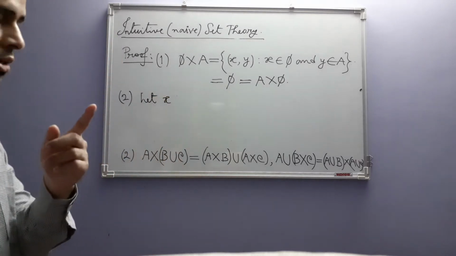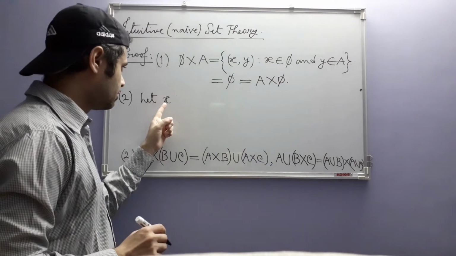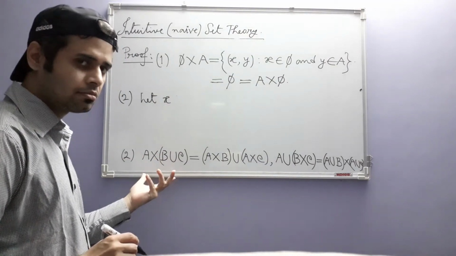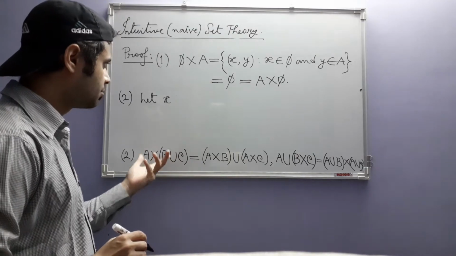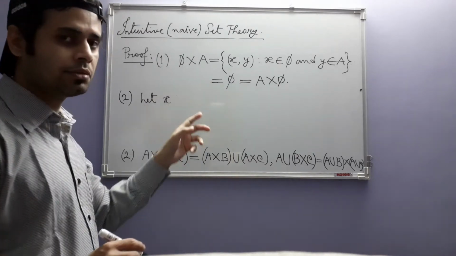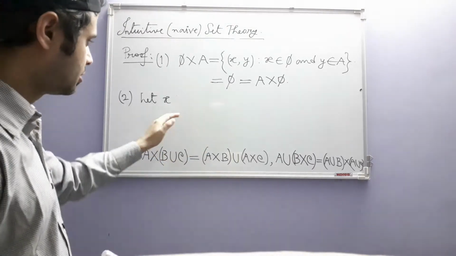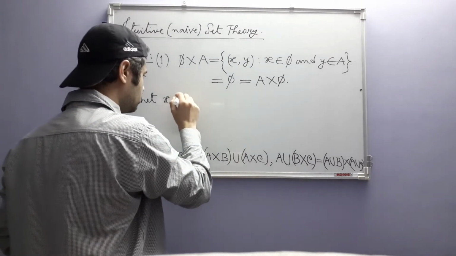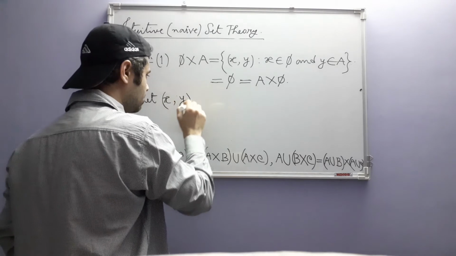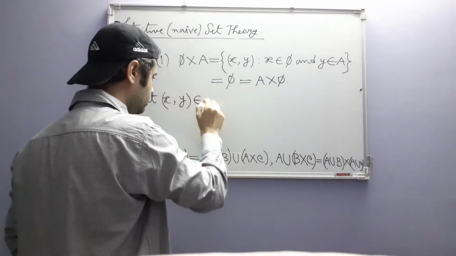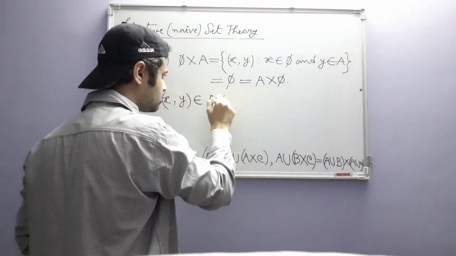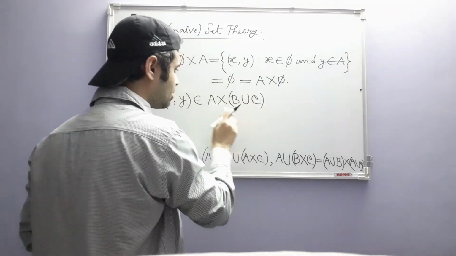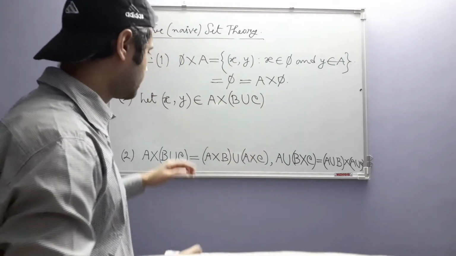Now see, that's why I told you that while considering an element in a Cartesian product, you have the liberty of taking that element as an ordered pair. So instead of just taking x, we choose an element x comma y belonging to A cross B union C. Because after all, this is also a Cartesian product.